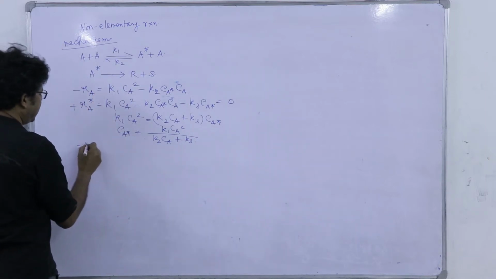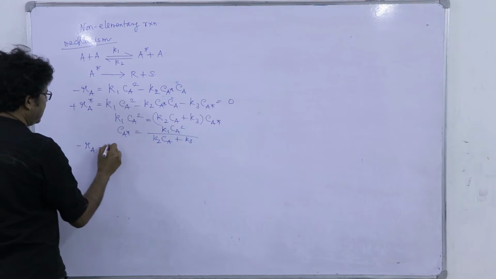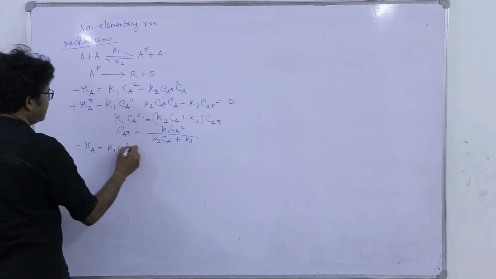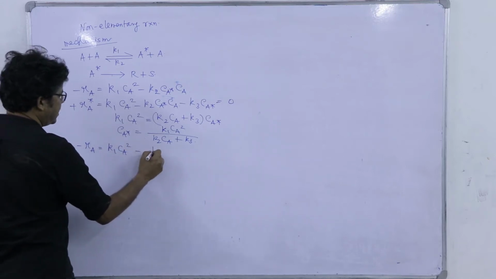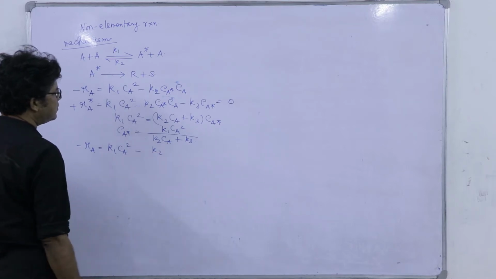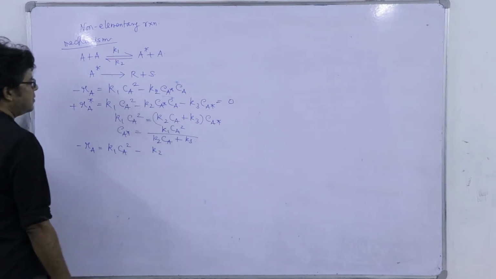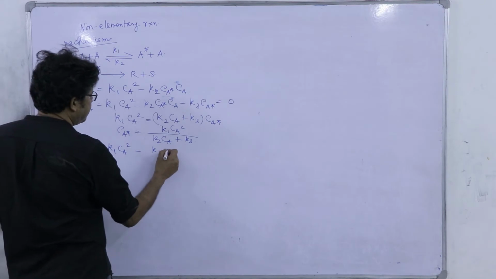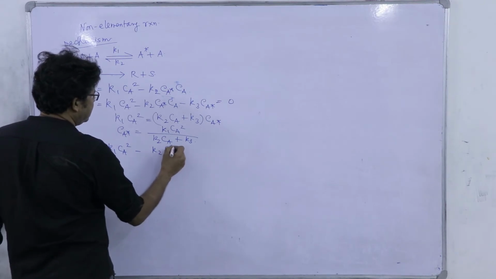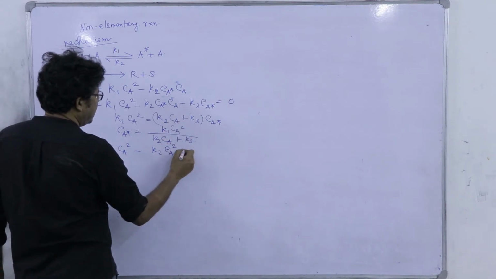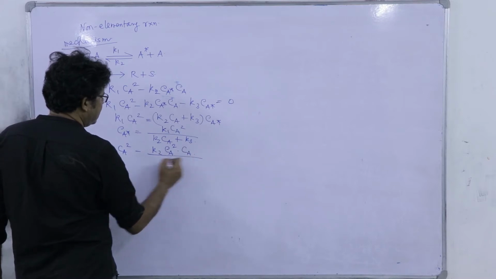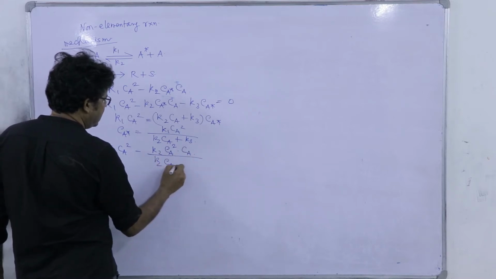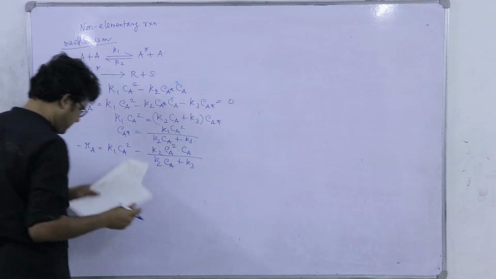If I replace it, minus RA becomes K1 CA square minus K2 CA square CA divided by K2 CA plus K3.